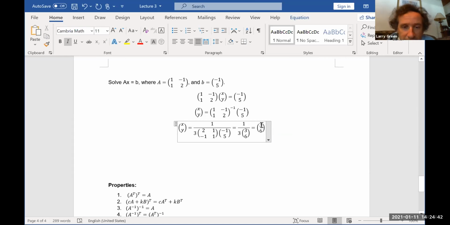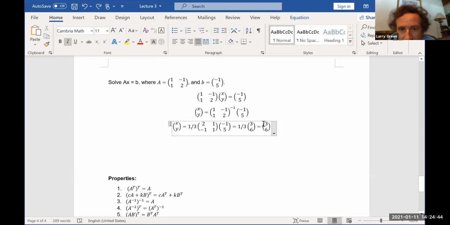Whoa, what just happened? There we go. Any questions on that? So yeah, I lost the determinant part. Now, with a 3x3, it's much harder. Okay, is there kind of a formula like this? Yes, but it's much harder.